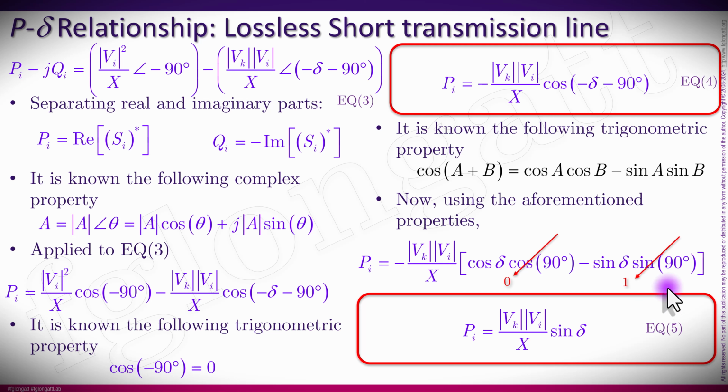So equation number 5 is extremely important because it is defining the active power that you can transfer using a short transmission line, a lossless transmission line.